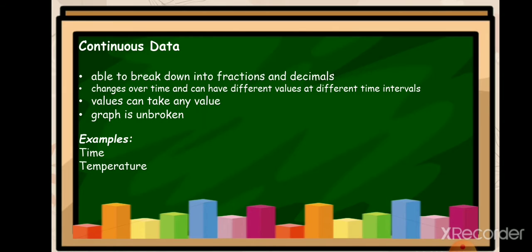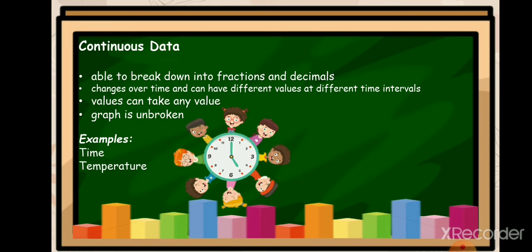For examples, time, because time changes over time, and temperature, because temperature can be high or low over time. So all those pictures in our first slide are classified with these two types of data. Those pictures that can take only a certain value are called discrete data, and the pictures that can take any value are called continuous data.